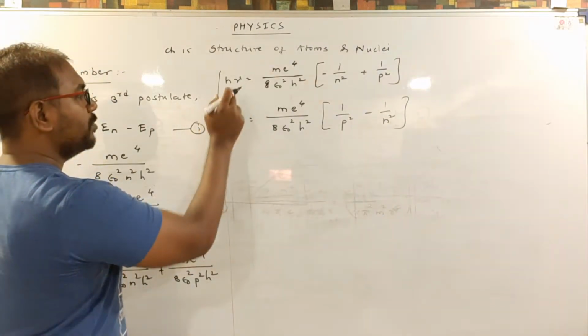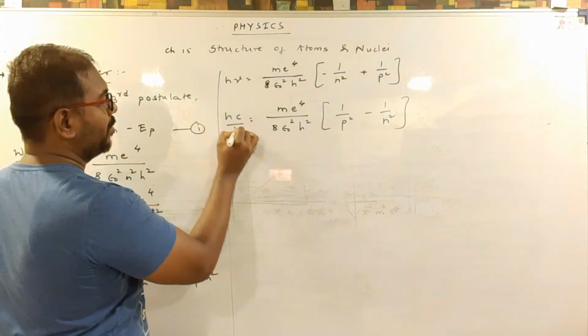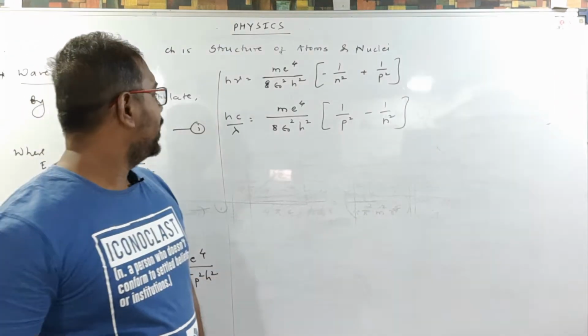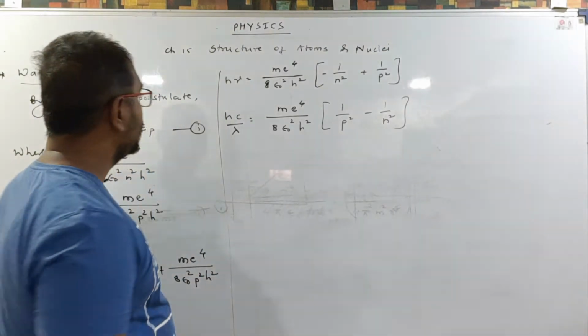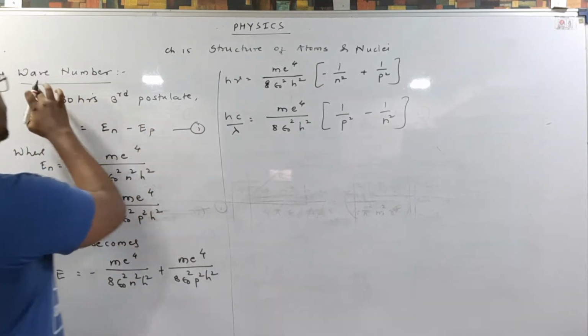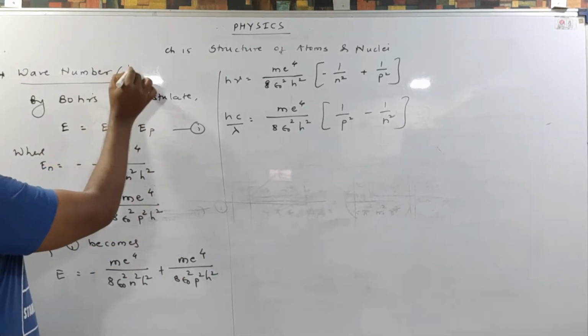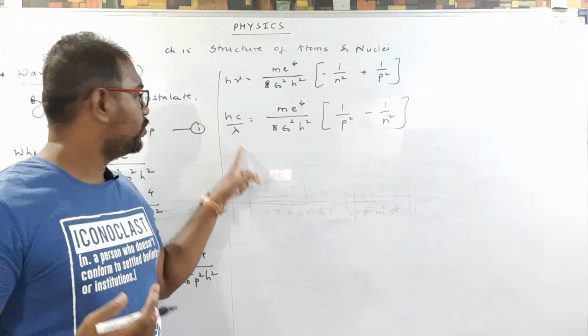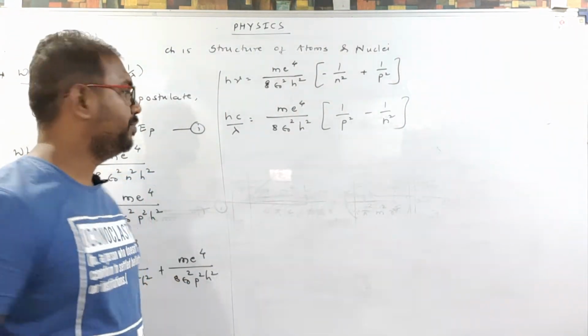Now this h mu I can write as hc by lambda, since frequency is c by lambda, where c is the velocity of light and lambda is the wavelength. By using that I have to write a formula of wave number. Wave number is basically 1 by lambda, so we have to obtain 1 by lambda, so transfer h and c to that side.